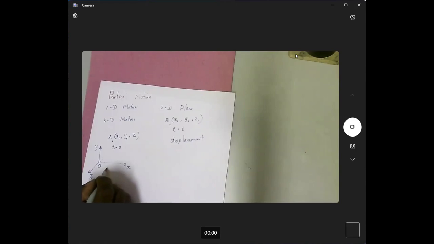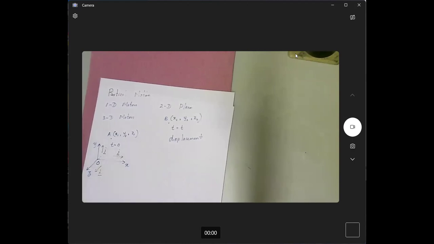Then can we define it only with the coordinates? You cannot do it. We need the unit vectors in each of these axes.